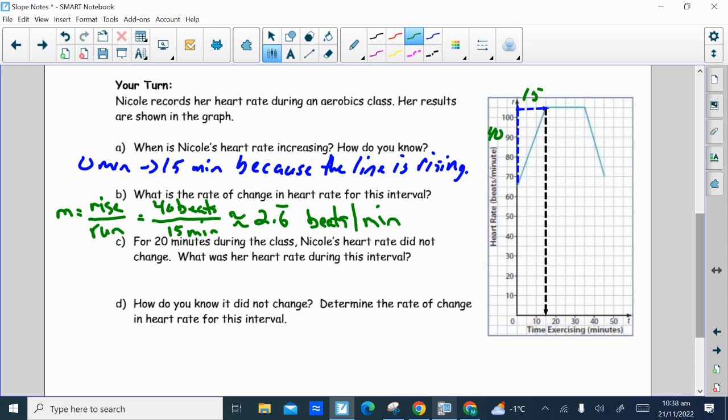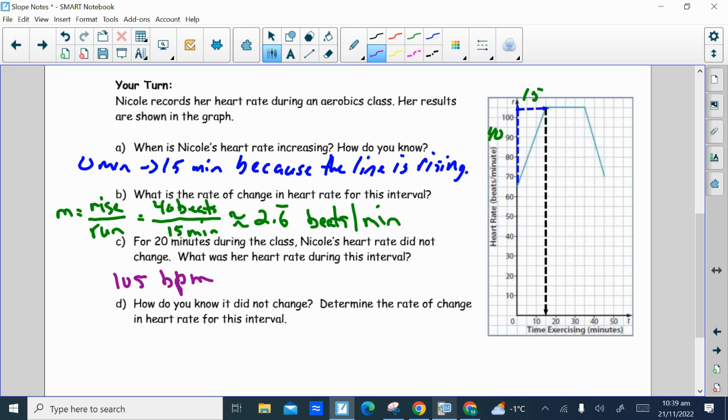So obviously she's exercising strenuously because her heart rate is rising. For 20 minutes during the class, the heart rate did not change. What was her heart rate at this interval? Well, again, we're just asking for the heart rate here, which is 105 beats per minute. And how do you know it did not change?